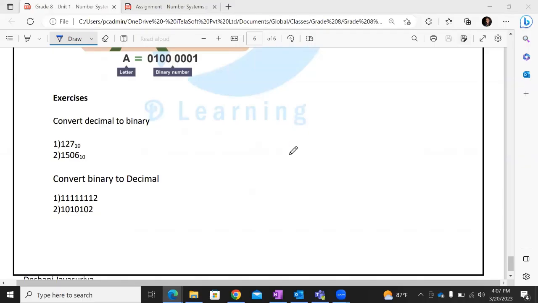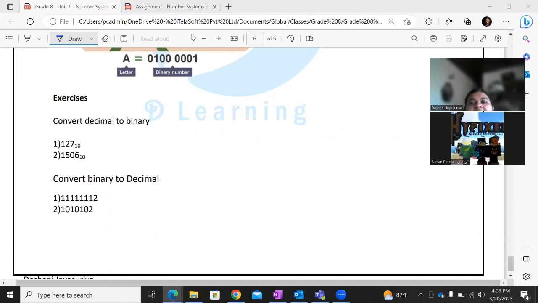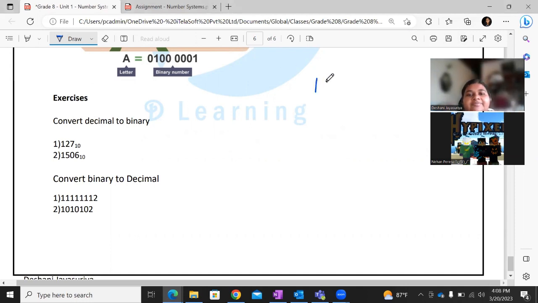Right? So that you can go through these things again if you need to see it. So the idea is to take the first thing, 127.